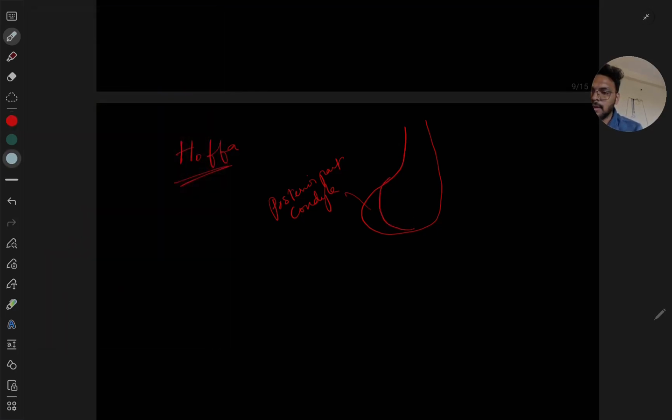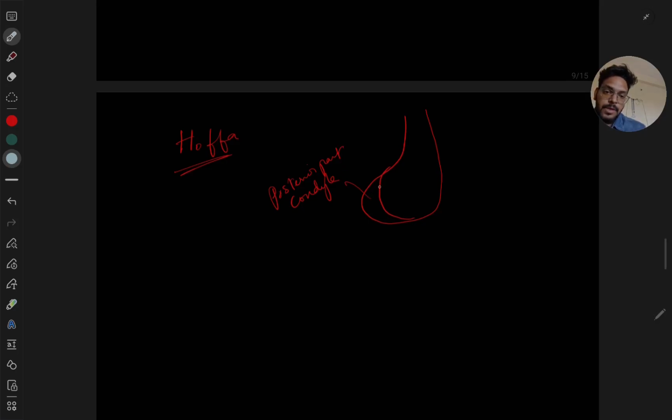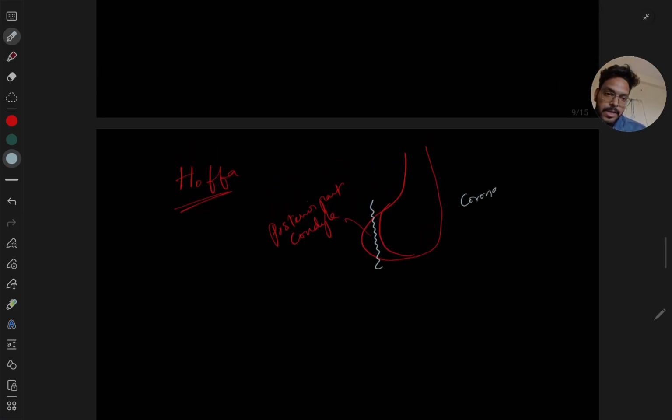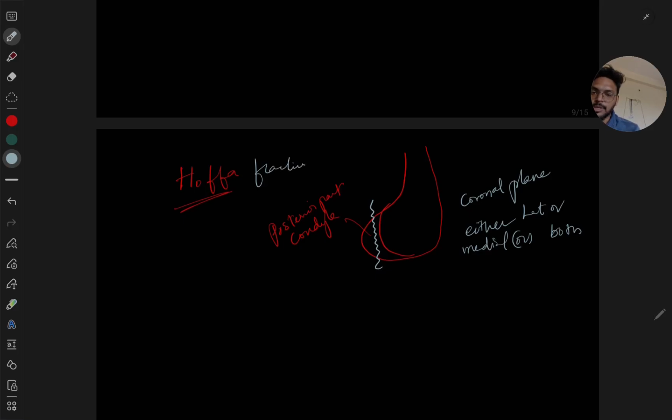If the fracture is occurring in the coronal plane, involving either the lateral or medial condyles or both, it is called a Hoffa fracture. This is the definition of Hoffa fracture.